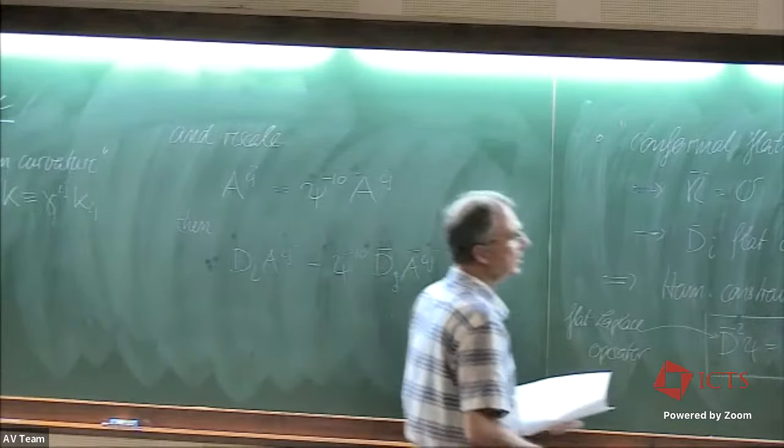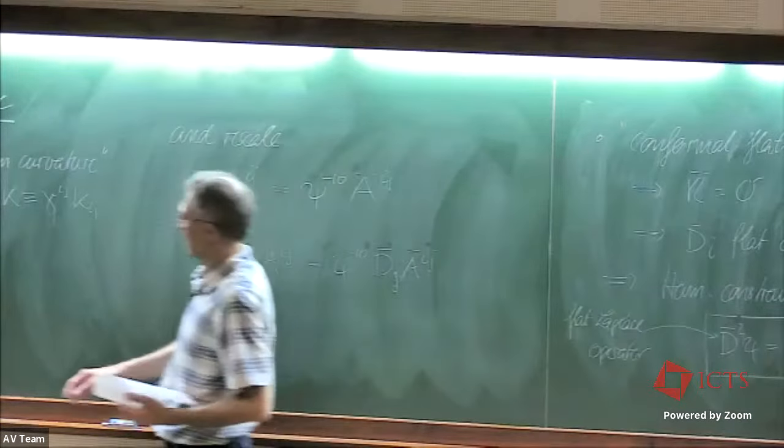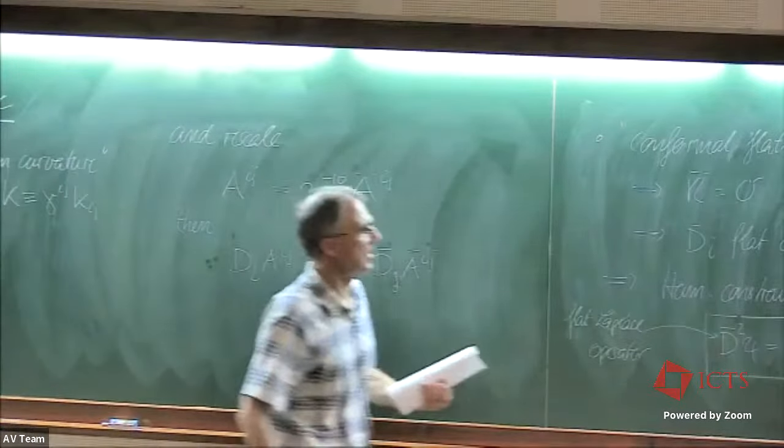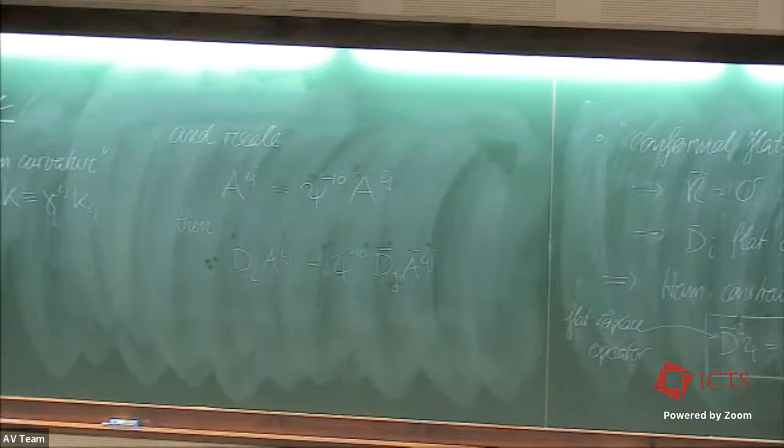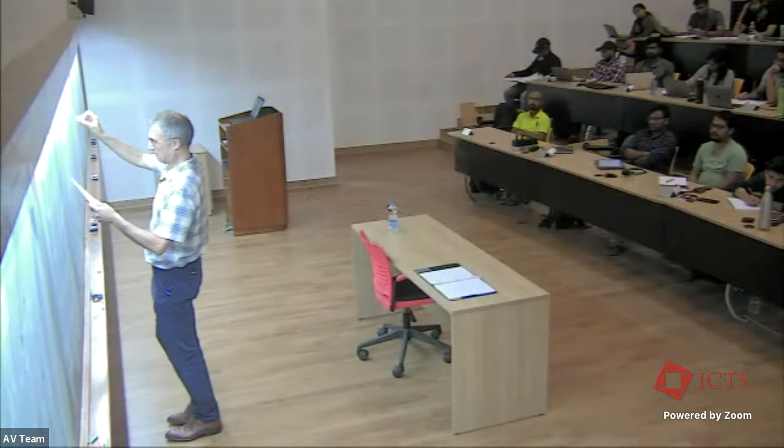Also, we have to look at these contractions K_ij K^ij that appear in the Hamiltonian constraint. And so we also have A_ij equals, what was A_ij lower?